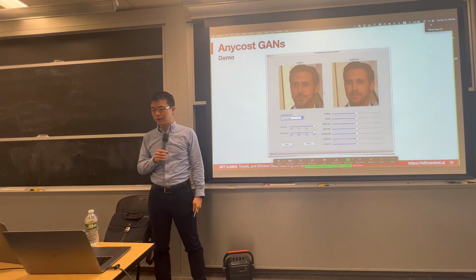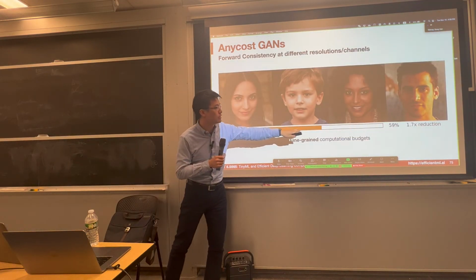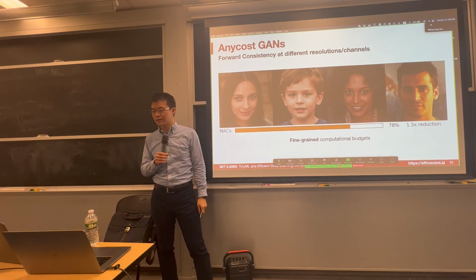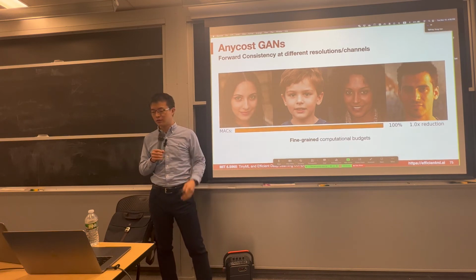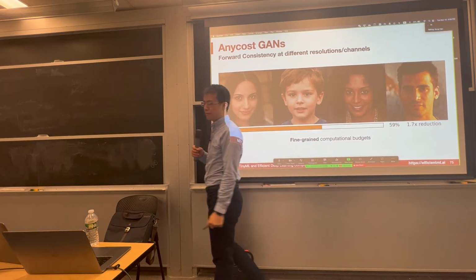This is another demonstration using 100% of the computation, half, one quarter, and only 19%. The quality of the generated faces all look very photorealistic, although we are drastically reducing the amount of computation.